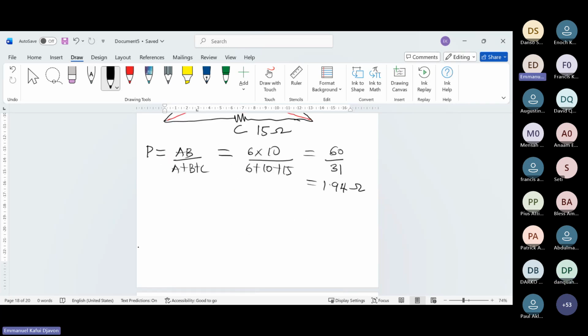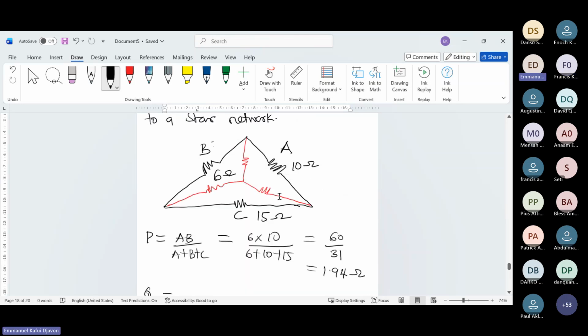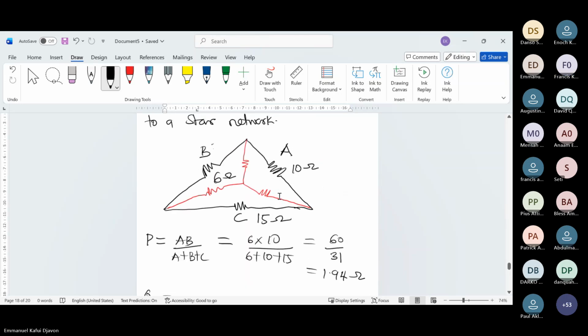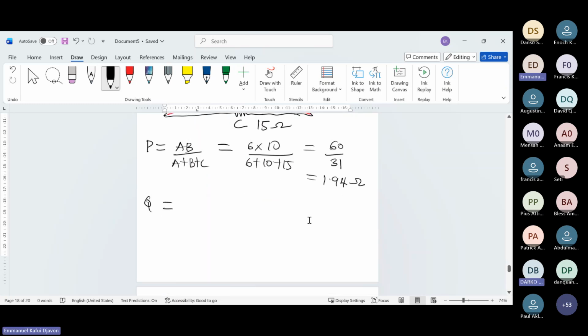So PQR. Q will be equal to what? A times C, right? Yes. So this is P, Q, and R. So A times C, 10 times 15.